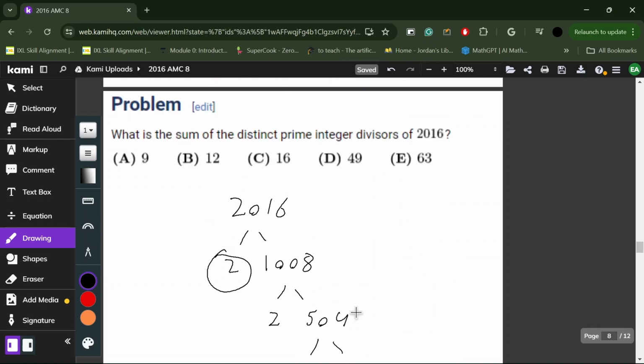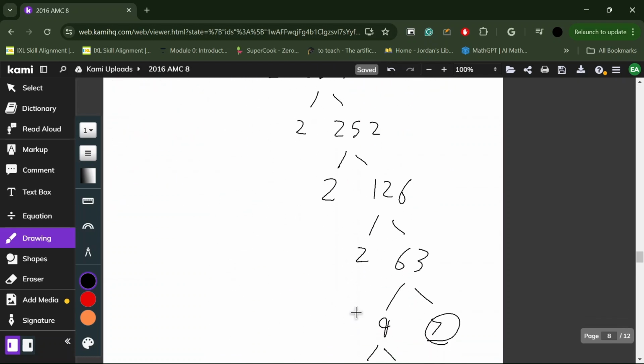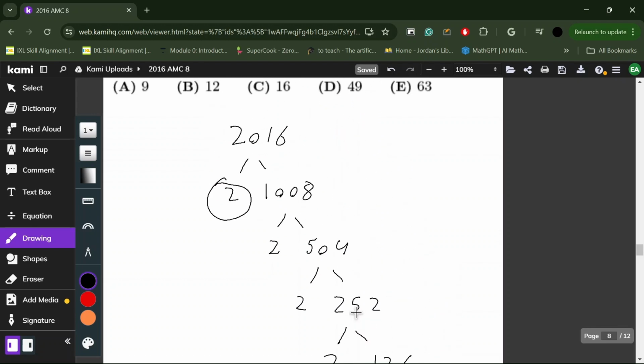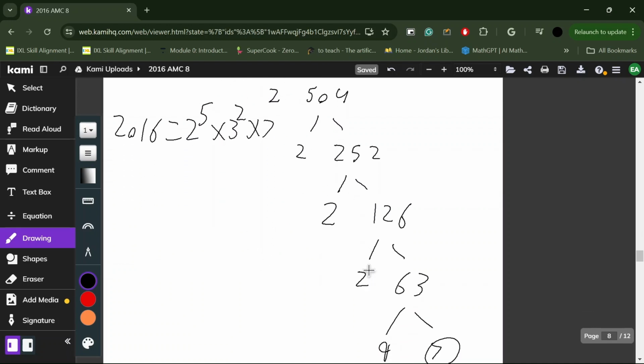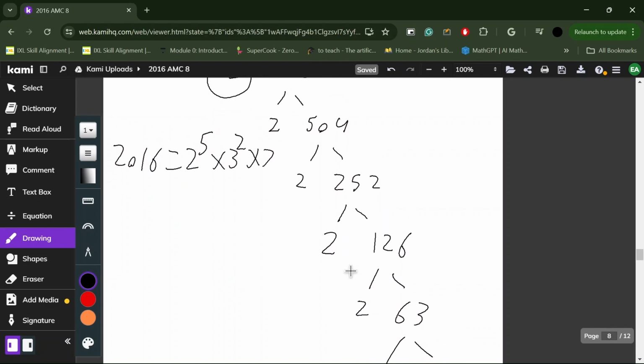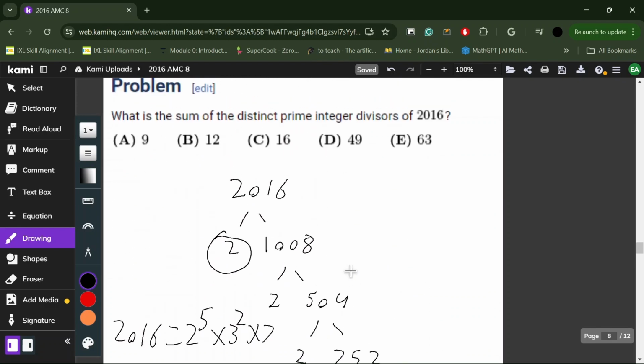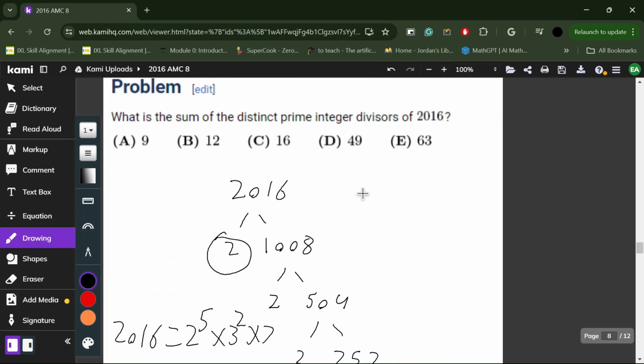And it's asking us for the sum of them. And if you're curious, 2016 is equal to 2 to the power of 5 multiplied by 3 to the power of 2 times 7. We know that because there's 5 2's, 2 3's, and 1 7. But when we add 2, 3, and 7, we get 12, which is B.